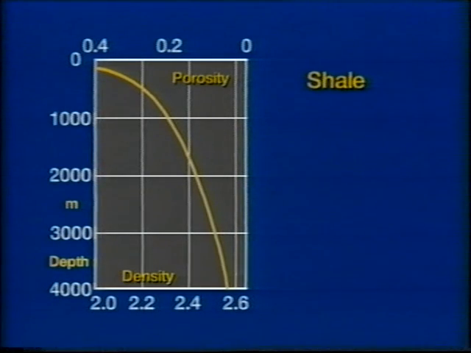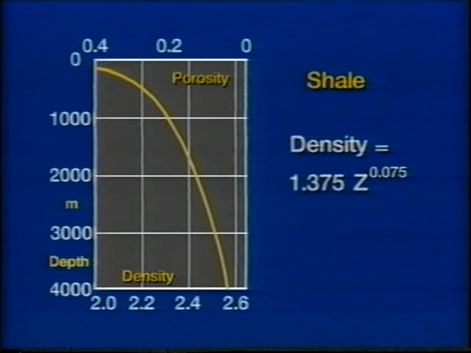At great depth, almost the density of the grains themselves, say 2.6. At the sea floor, a comparable mix of water and grains, say 1.8. And in between, a more or less smooth curve, often smooth enough to be represented by an equation.